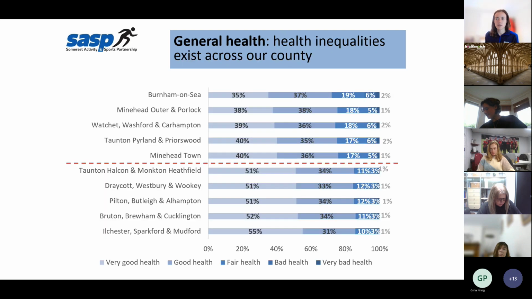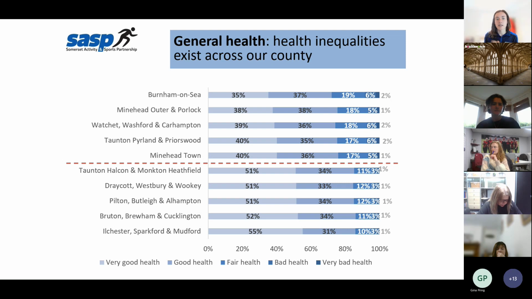When we look in a bit more detail at different areas of Somerset, we can look at the top 5 areas that have selected the highest rates of very good health, and those that have selected the lowest rates. Burnham-on-Sea had the fewest people who said that they had very good health, with only 35% of people.